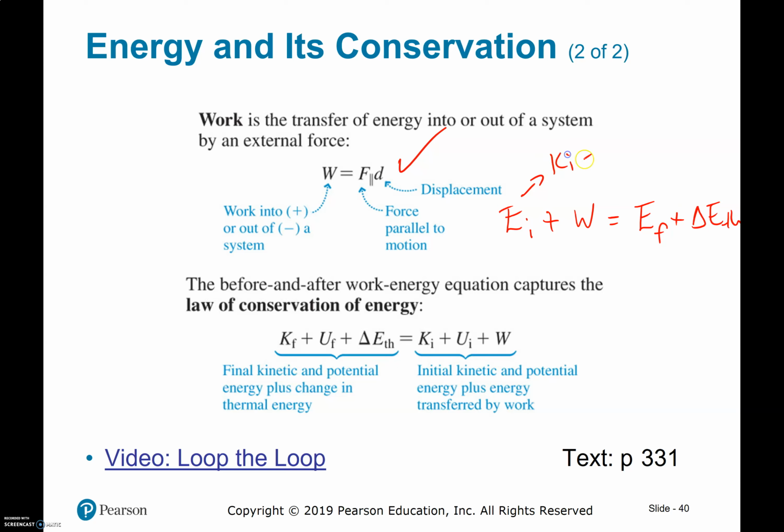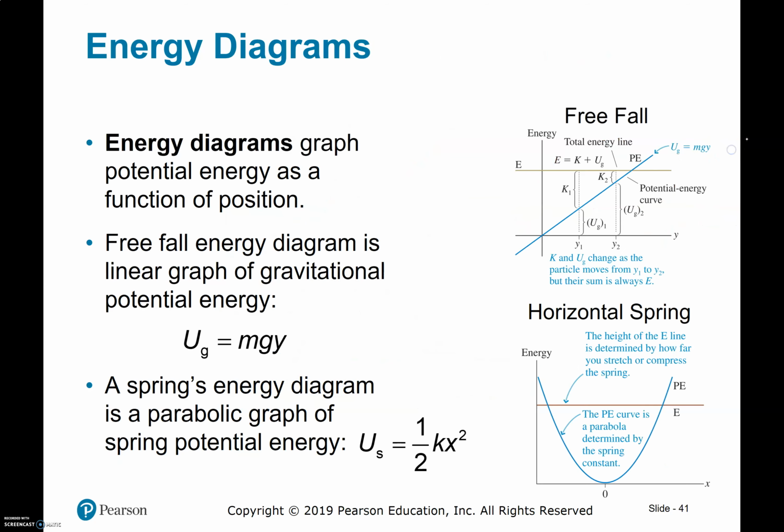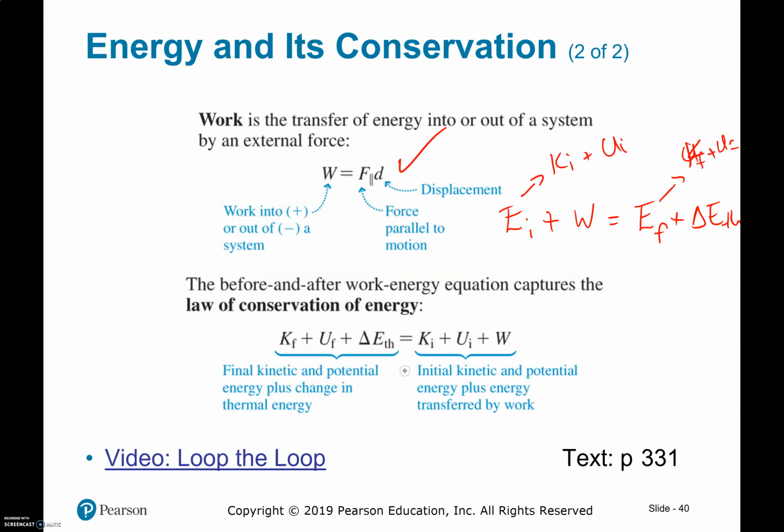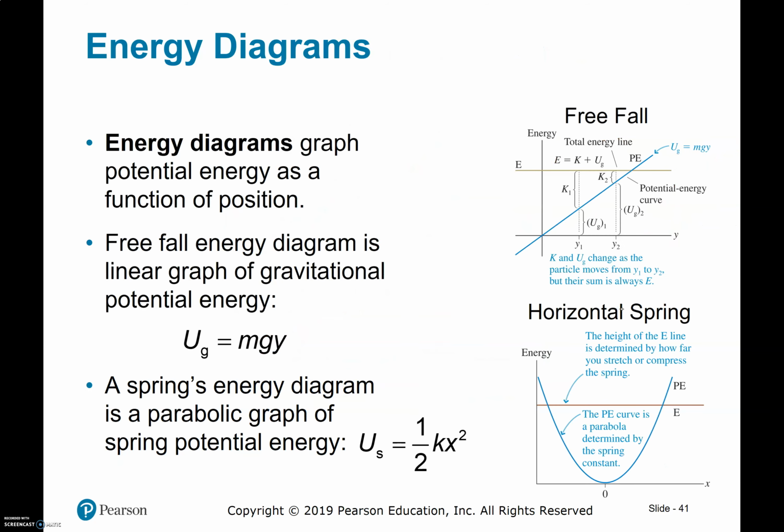This is kinetic plus potential. And this is also kinetic plus potential. So that is our main equation that we're going to use to solve problems in this section of the course.